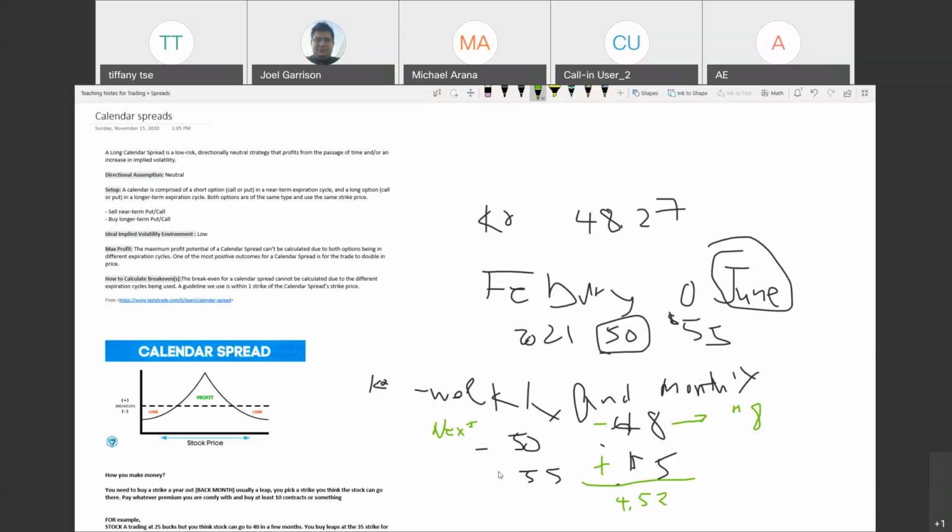This is a poor man's covered call strategy. There's another one called diagonal, but we'll go over that next week as a continuation. But that one, just a preview, is like you're selling a different strike, basically.